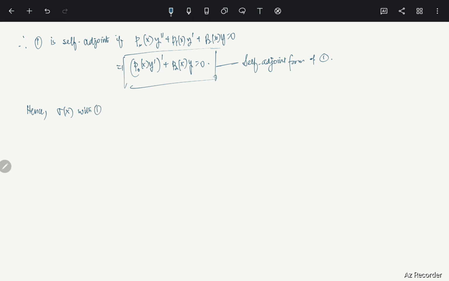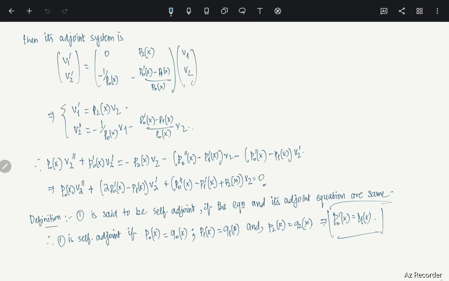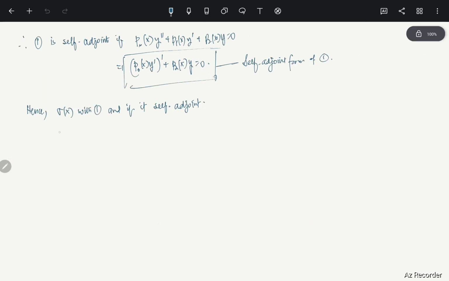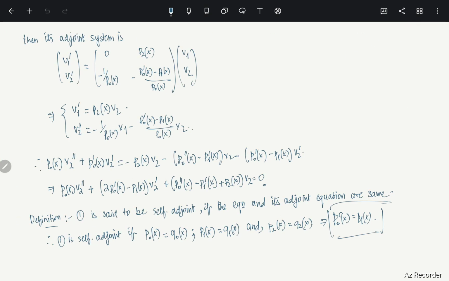And if it is self-adjoint, what is the expression? See, 1 is given, right? Now I want 1 to be self-adjoint. What is the expression? If P naught prime is P1. So 1 is given by this equation. I multiplied by sigma of x, and then if it is self-adjoint, what happens? That P naught prime is P1.